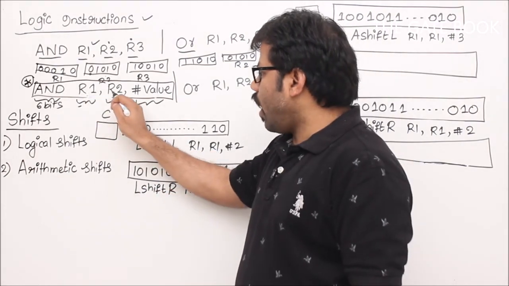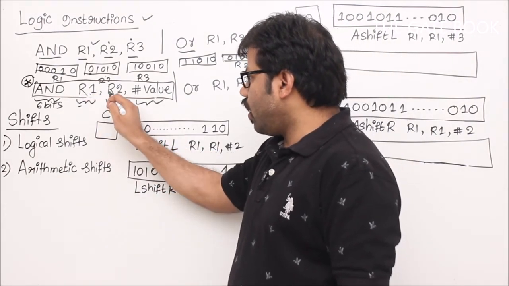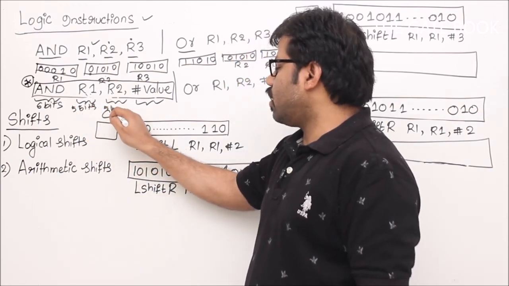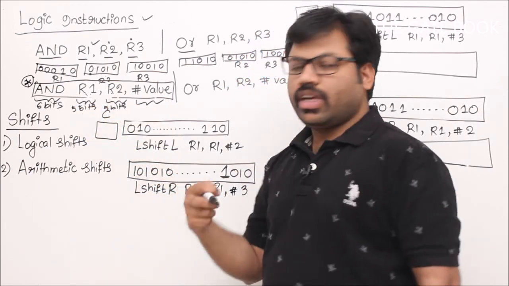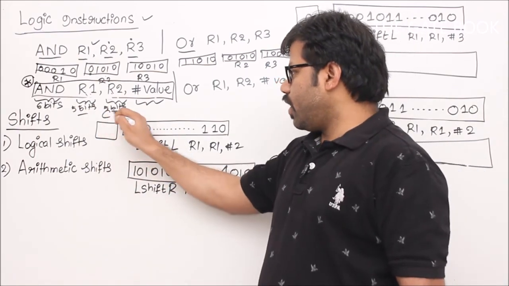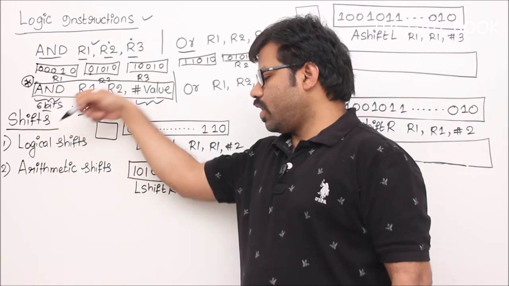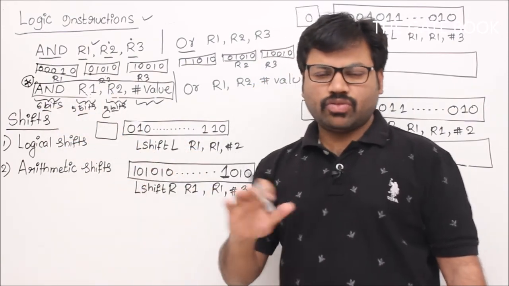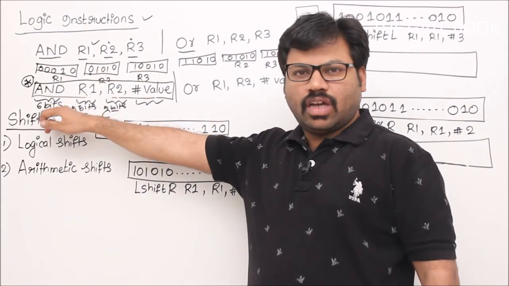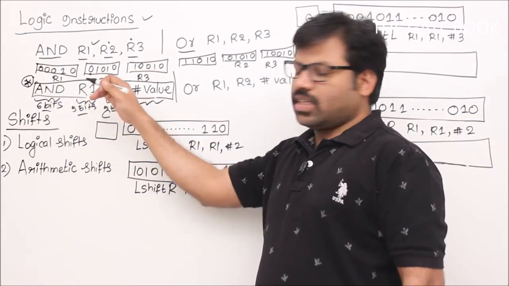Now, to mention R1 and R2 in the instruction, how many bits are required? 5 bits. Why? Because there are 32 registers. To uniquely differentiate them, we need at least 5 bits, correct? So 5 plus 5, 10. To differentiate opcodes, we need at least 6 bits, let's say. That is just one possibility. Don't remember from now onwards that opcode is 6 bits and registers are 5 bits.